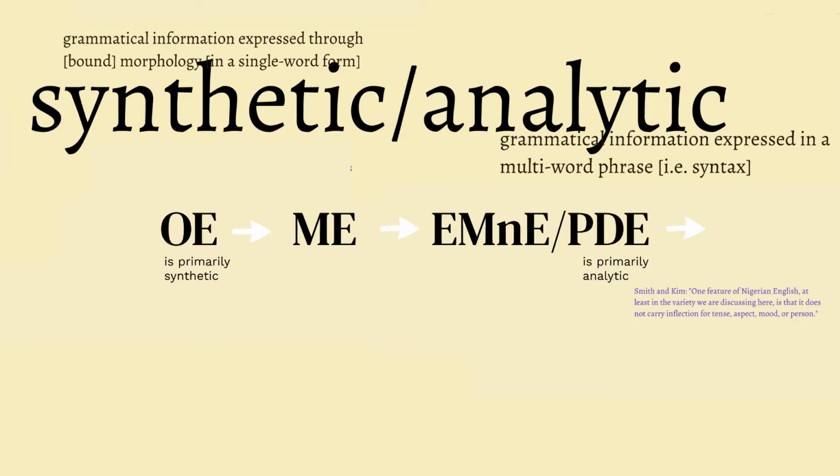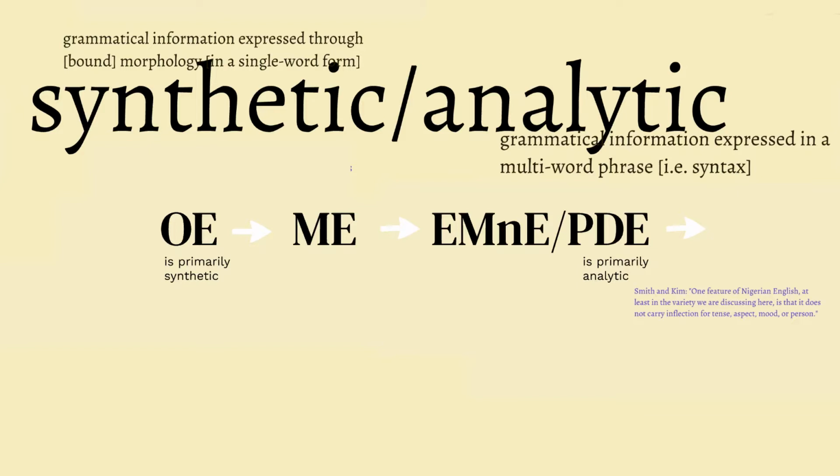As we have already said, Old English tends to express its grammar primarily through the forms of its words, through the word's morphology, by inflecting those words. Thus, Old English is primarily a synthetic language. Not entirely. Word order matters to Old English grammar, but word shape matters more.